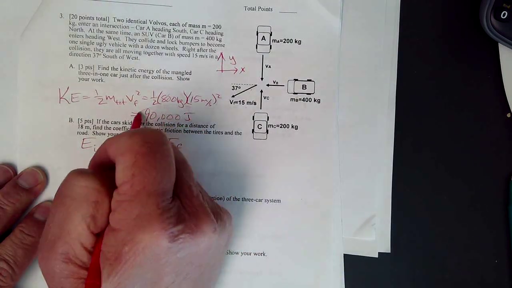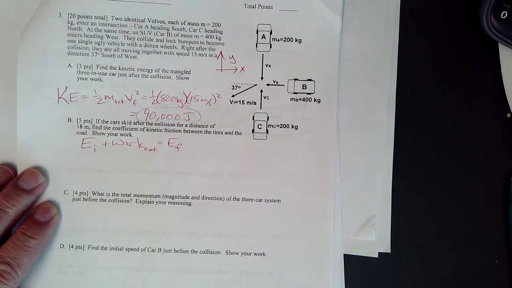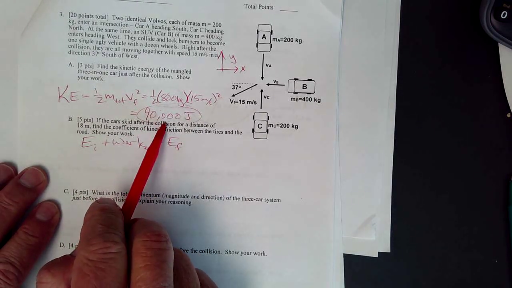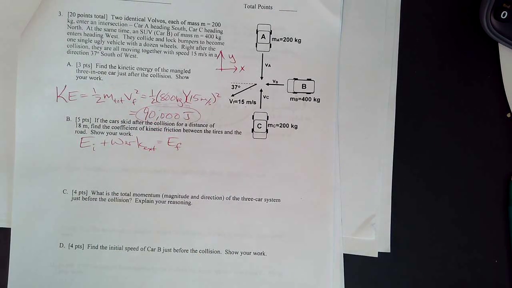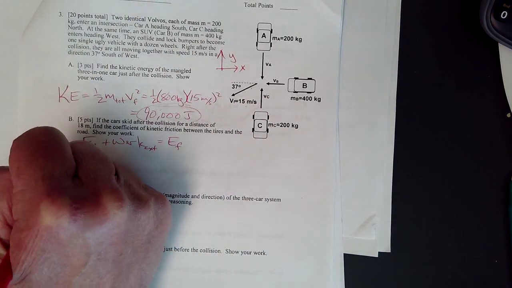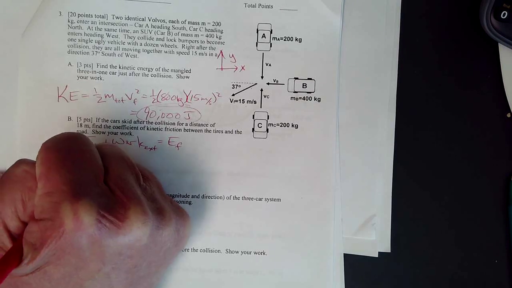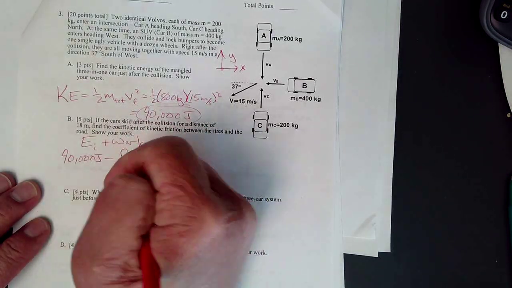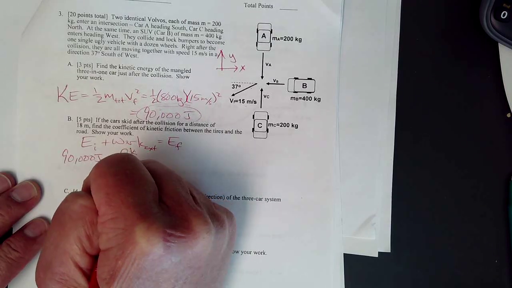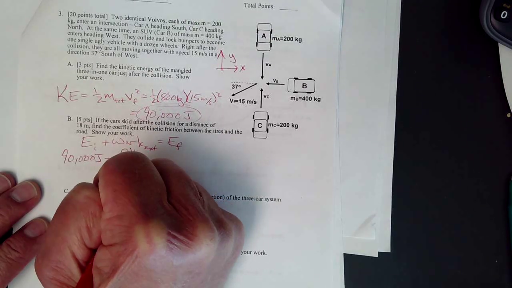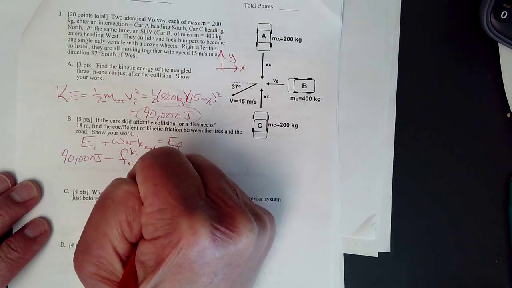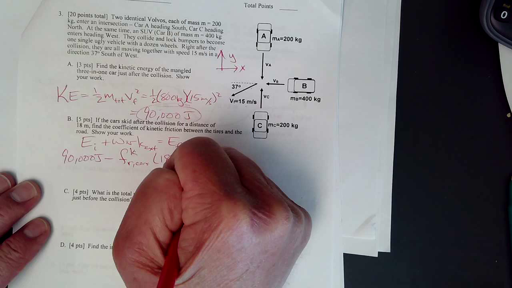The initial energy is just this, we said this was the final energy after the collision, but now it's going to be the initial energy before the slide, at the beginning of the slide. So that's going to be my 90,000 joules. My friction force is going to act by the road on the cars, is going to act for a distance of 18 meters, and that's going to bring it all to a halt.